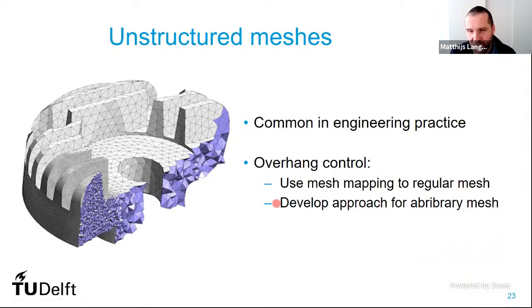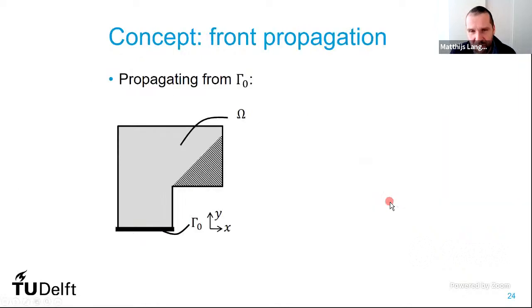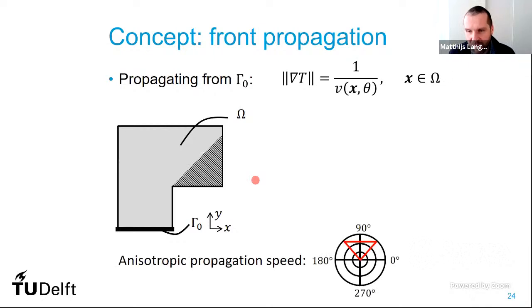But in order to avoid that step, we thought it would be nice to create some way a field that indicates, just like in the other filter, which part of the domain you can actually print. And what we came up with is to use front propagation for that, because it's a fast algorithm known for also many other image processing tasks.